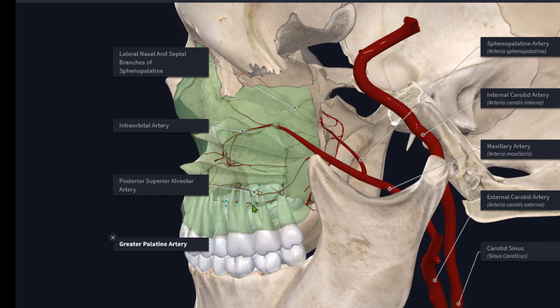And you will find the sphenopalatine artery also. So the sphenopalatine is coming towards the sphenoid bone, then going towards the palatine bone and the palatine process of the maxilla. So this is the sphenopalatine artery. So these are the arteries that supply the maxillary bone.